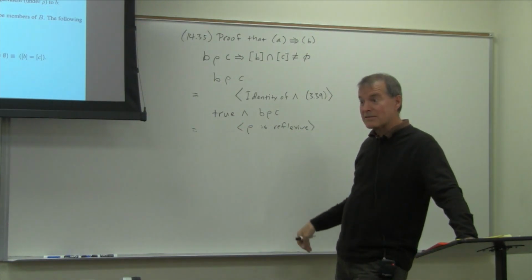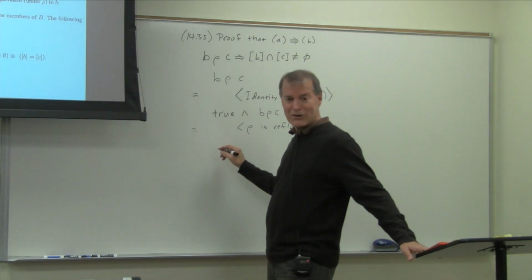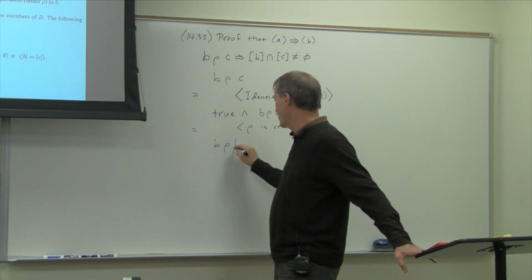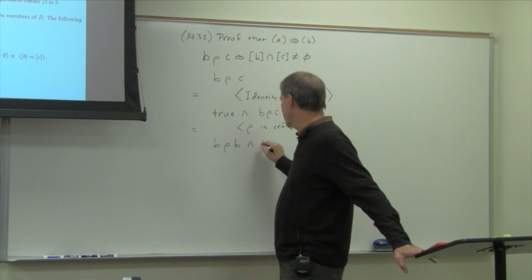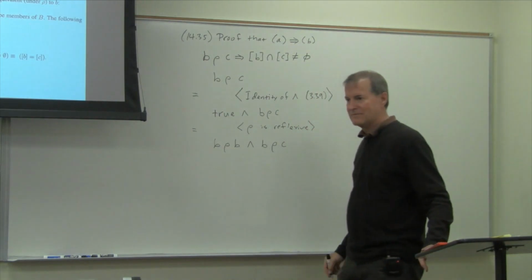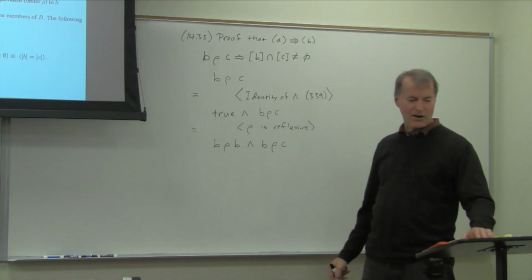B row B. Yes. Did you guys hear that? Okay. You see? So we can do B row B and B row C, because we know that B row B is true because row is reflexive. Are you with me?